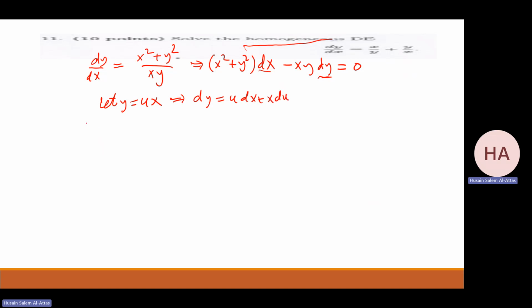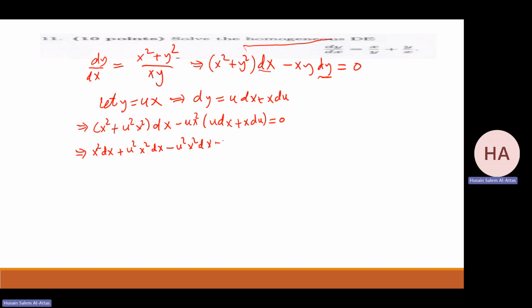Plug the things in. I have x squared plus u squared x squared dx minus xy times all of this, not xy, ux squared, yeah, since y is ux, u dx plus x du equals 0. So we have x squared dx plus u squared x squared dx minus u squared x squared dx minus u x cubed du equals 0.